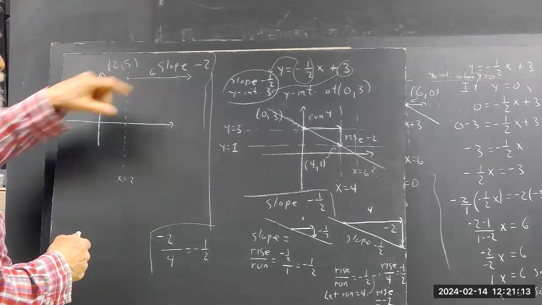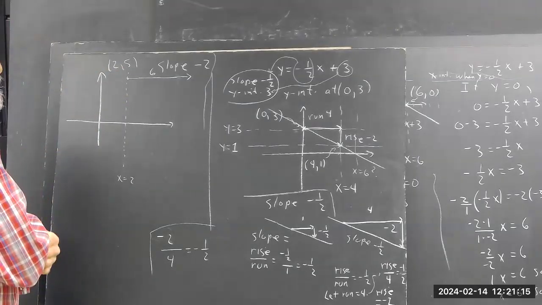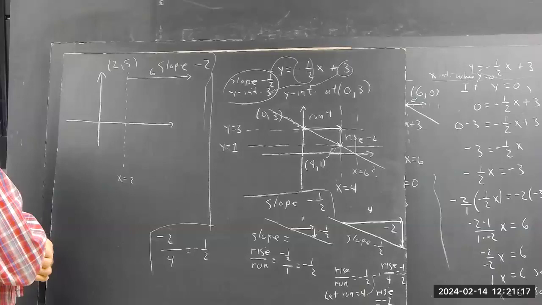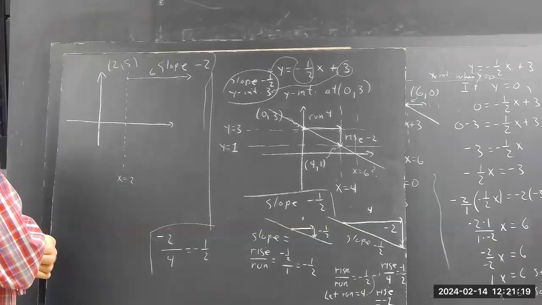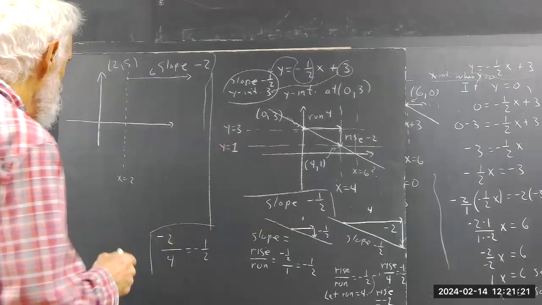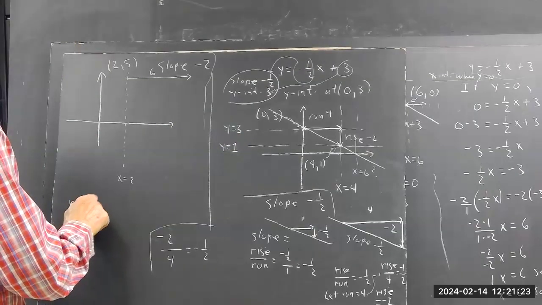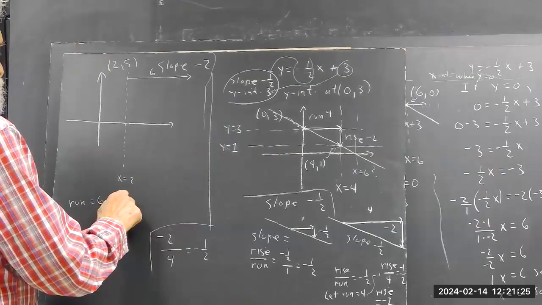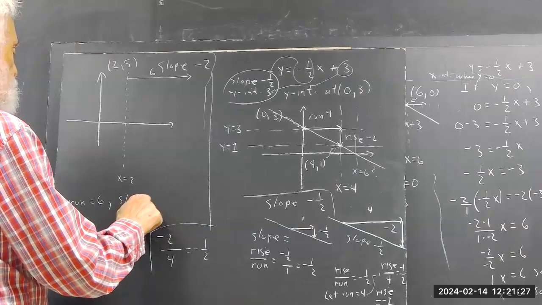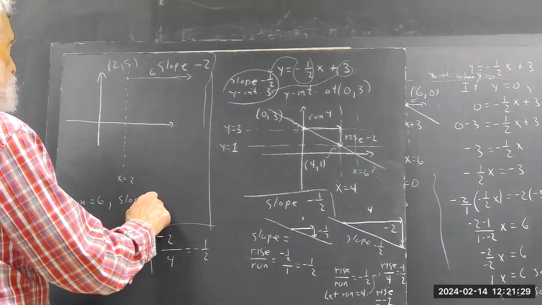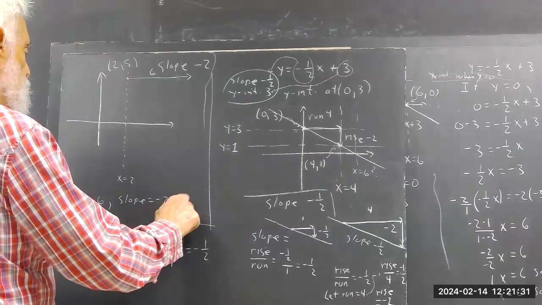So if we go out to 6, then we want to draw a triangle like we did over here. So we kind of make ourselves a little note. Run equals 6, slope equals -2.